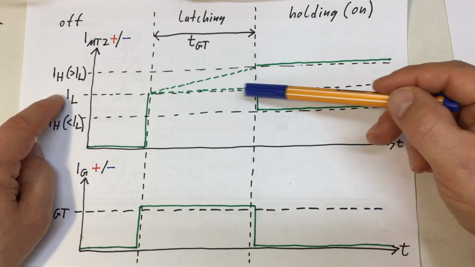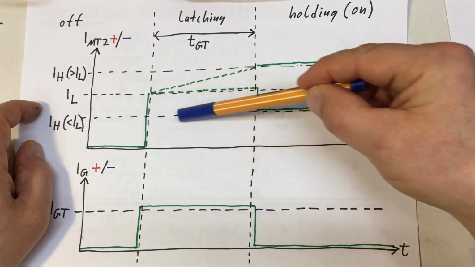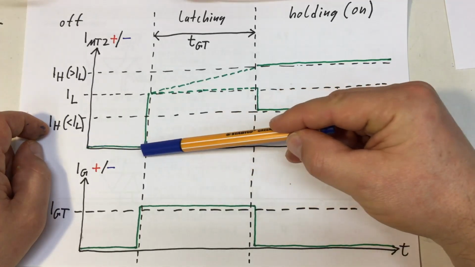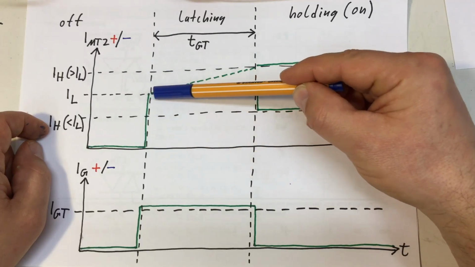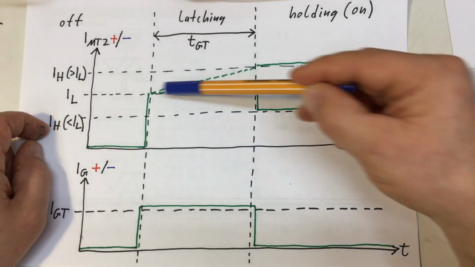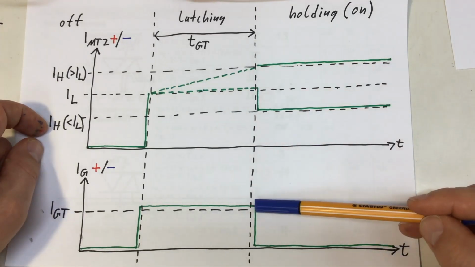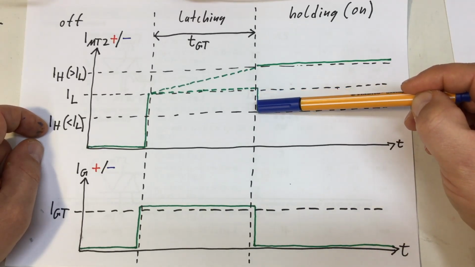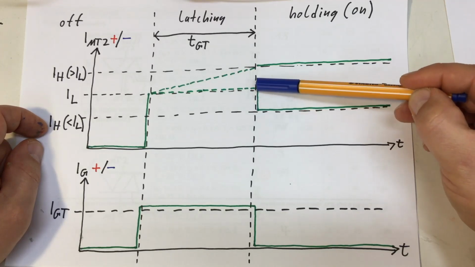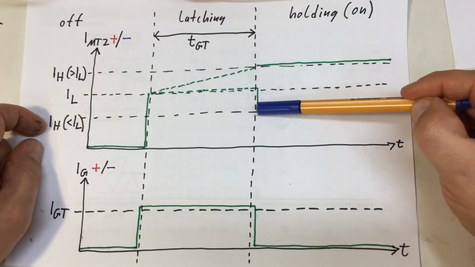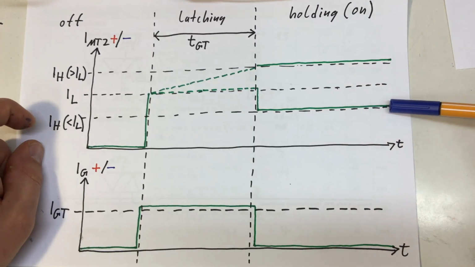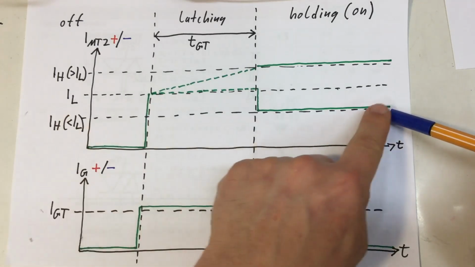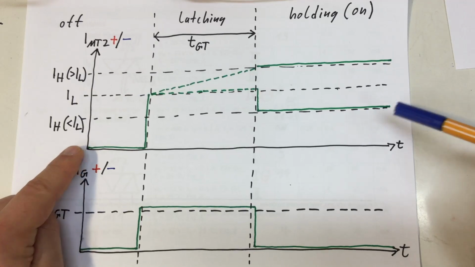So, the lower case, let's say that's that dotted line, we measured that. At some point we applied our latching current and kept that constant, and we switched off our gate current, and then we could go down quite a bit with the holding current through main terminal 2, and it still held until we fell below that holding current at some point, and then we were back in the off state.